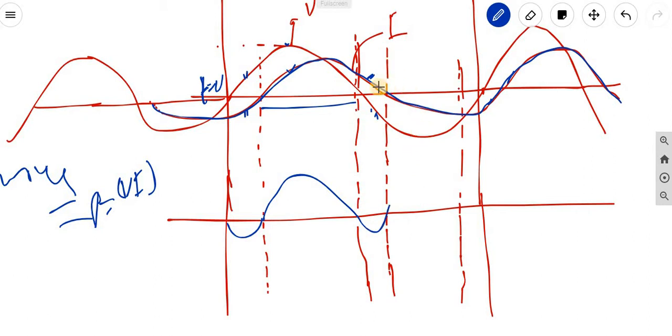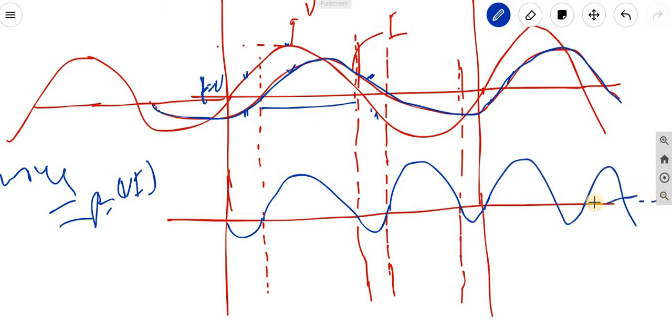And when current is negative and voltage is also negative, the multiplication V into I, minus into minus, means positive. So this is positive, and for this also we will be getting like this. In this way we will be getting the whole waveform.